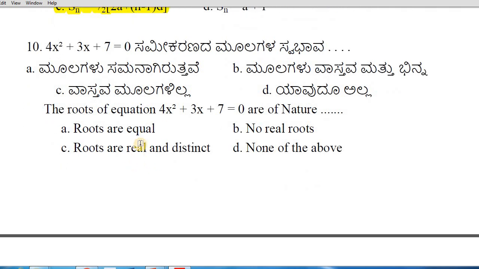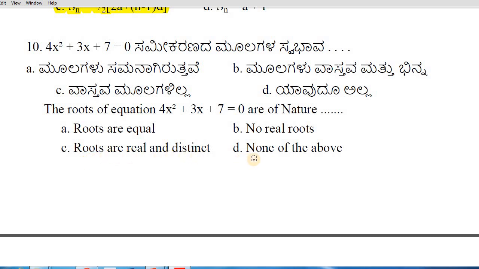Question number 10. It is from quadratic equations. The nature of roots of the equation 4x square plus 3x plus 7 equals 0 are of nature. Options are A, roots are equal. Option B, no real roots. Option C, roots are real and distinct.